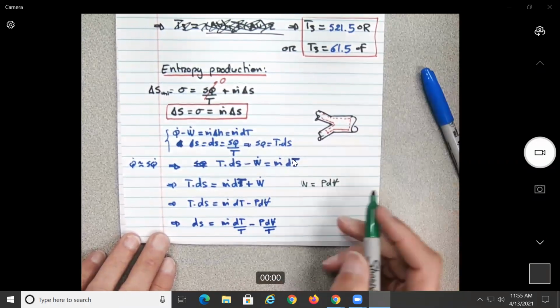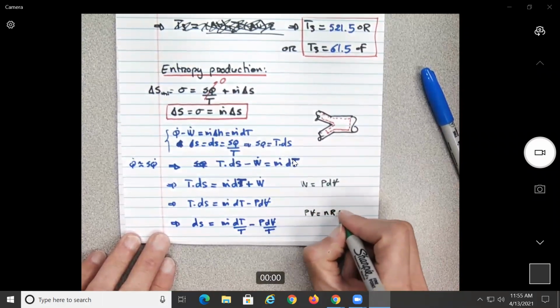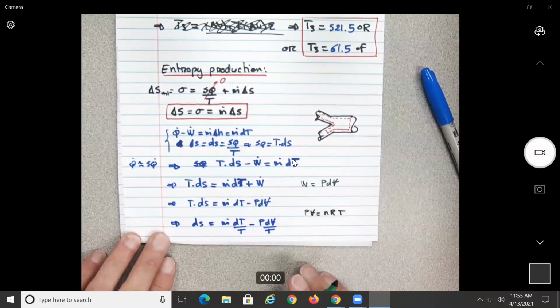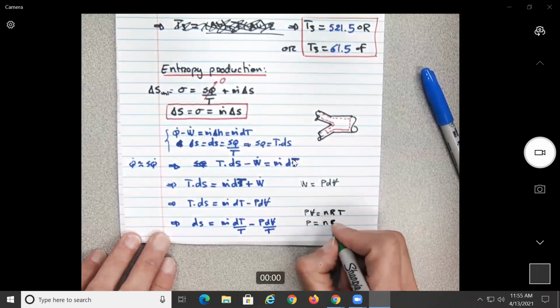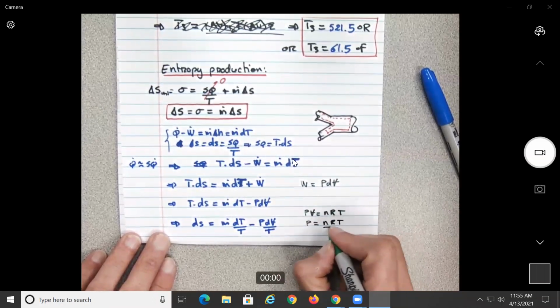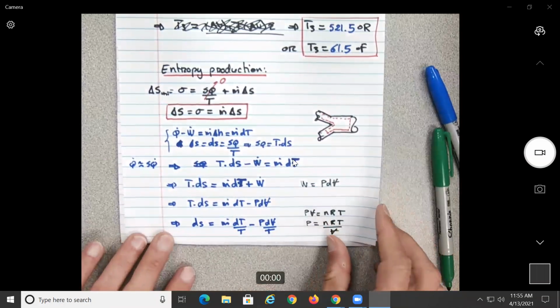Okay, we can use the ideal gas relation PV equals nRT. Here it would be R, not R bar. Okay, so basically from here you can get that P is equal to nRT over V. I'm just redoing the whole derivation, okay?